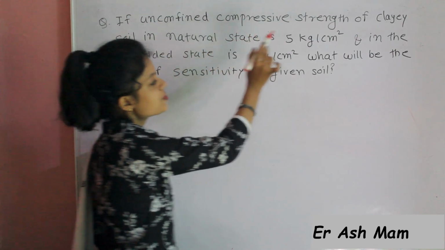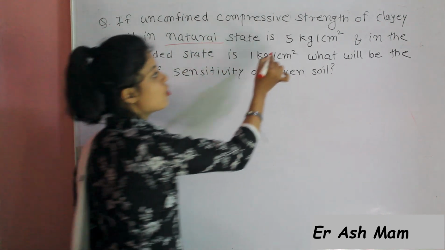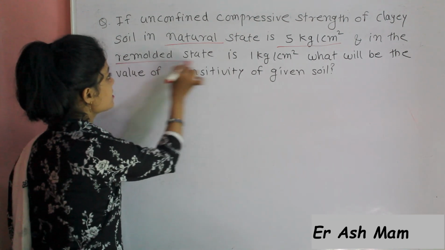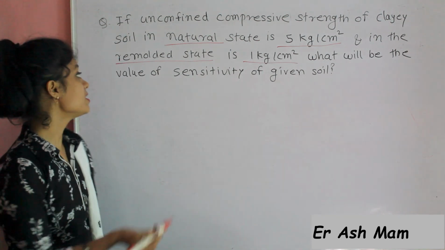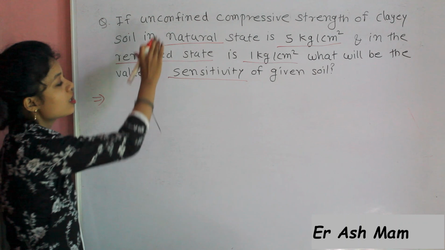If unconfined compressive strength of clay soil in natural state is 5 kg per centimeter square and in the remolded state is 1 kg per centimeter square, what will be the value of sensitivity of the given soil? What is given?